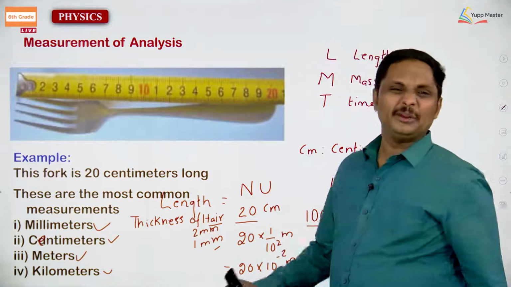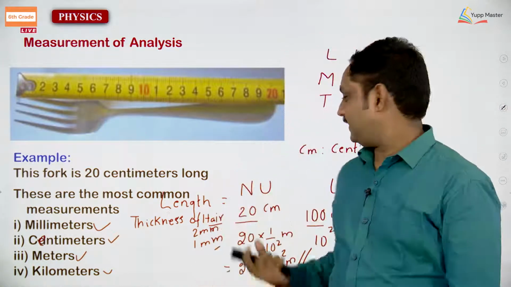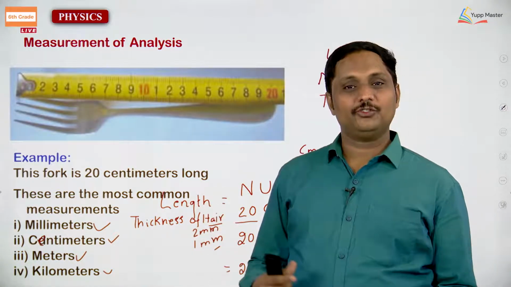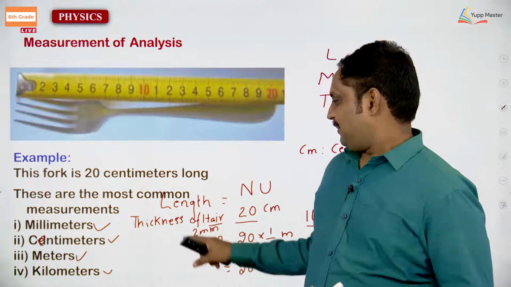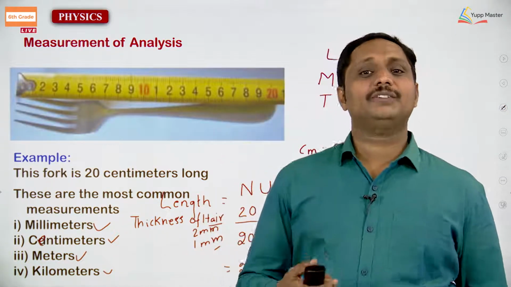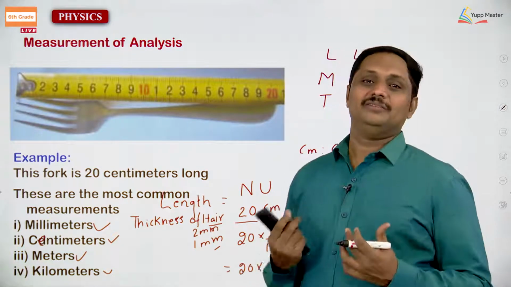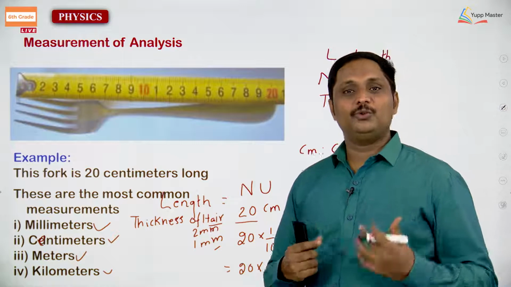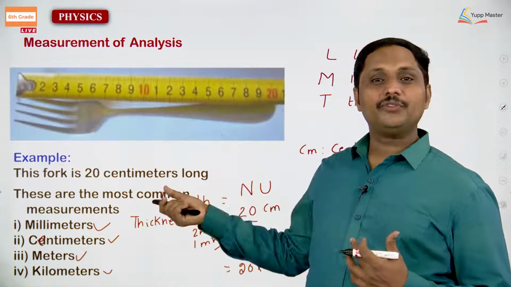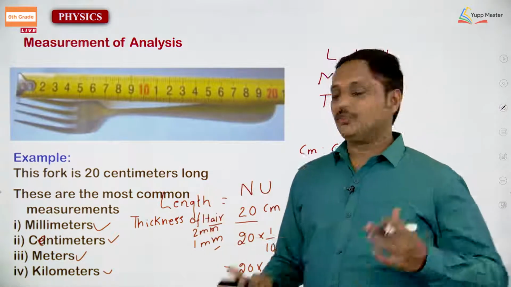Centimeter, if you measure the length of a pencil, it is about 5 centimeters or 10 centimeters, depending on its length. Meters, if you are going to buy cloth, it is in terms of meters. If your father purchases cloth from the cloth merchant, he gives it in terms of meter.